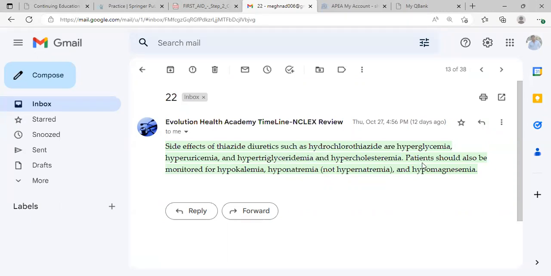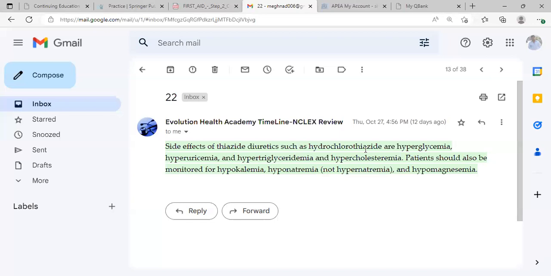So the patient should also be monitored for hypokalemia, hyponatremia, and hypomagnesemia. So if your patient needs thiazide diuretics, like the patient has high blood pressure, you give them thiazide diuretics like hydrochlorothiazide.